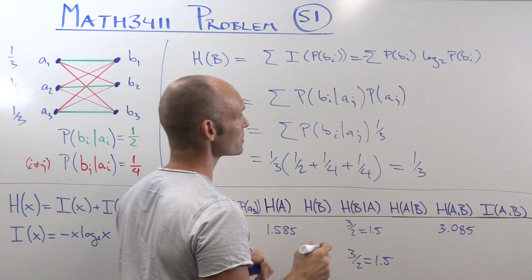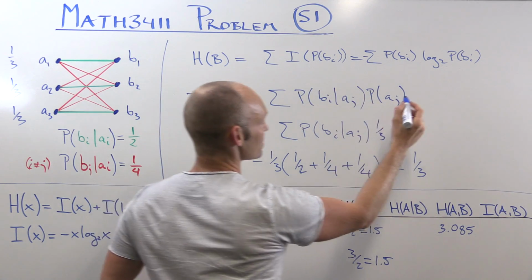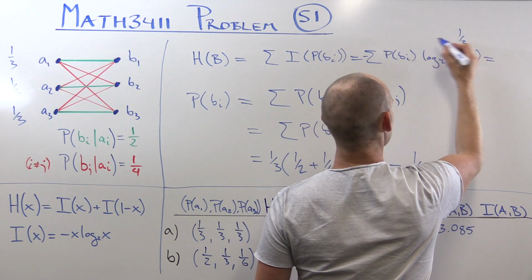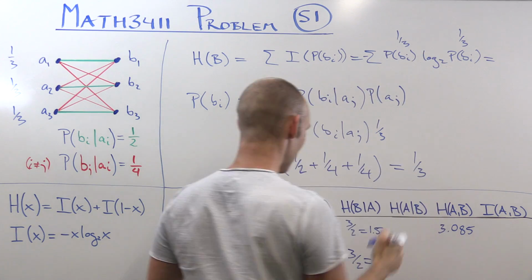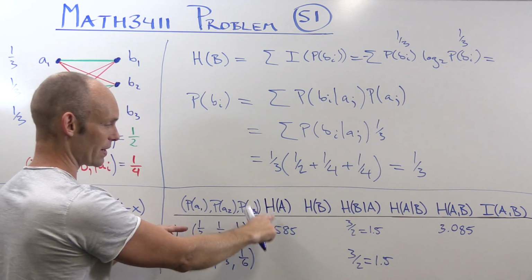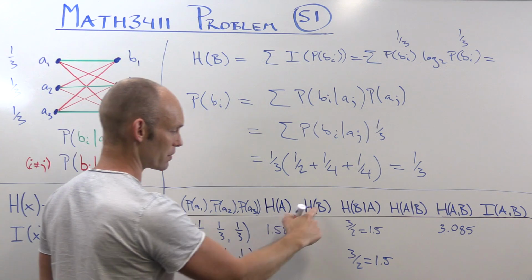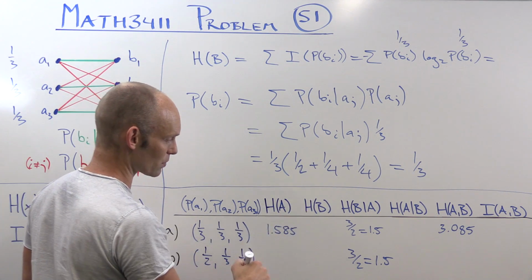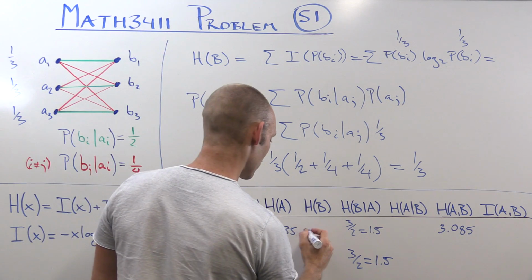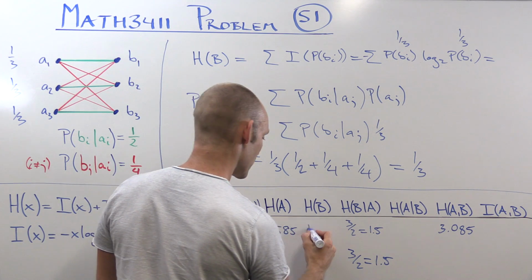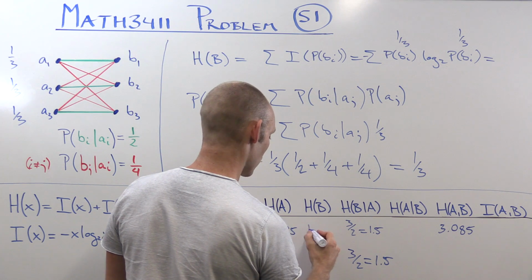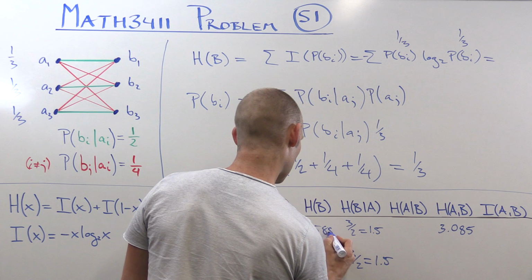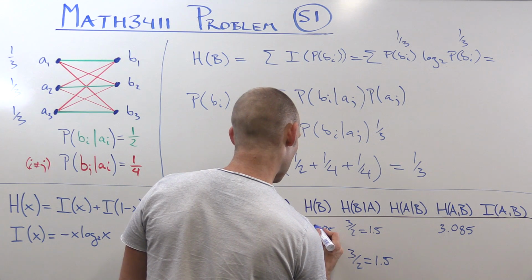So it's exactly the same as in the entropy of A case. The entropy of B is going to be the same because the probabilities of the symbols in B are the same as in A. So we end up with the base 2 logarithm of 3, and that gives us this number again.